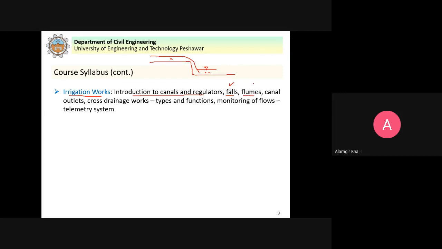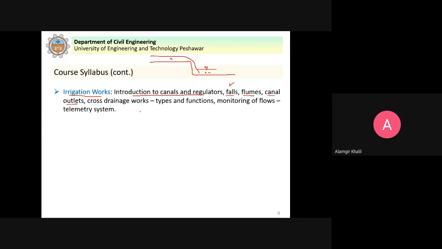Flumes you might have studied in open channel hydraulics also. These are channels which carry water at or above the ground surface. We have canal outlets.